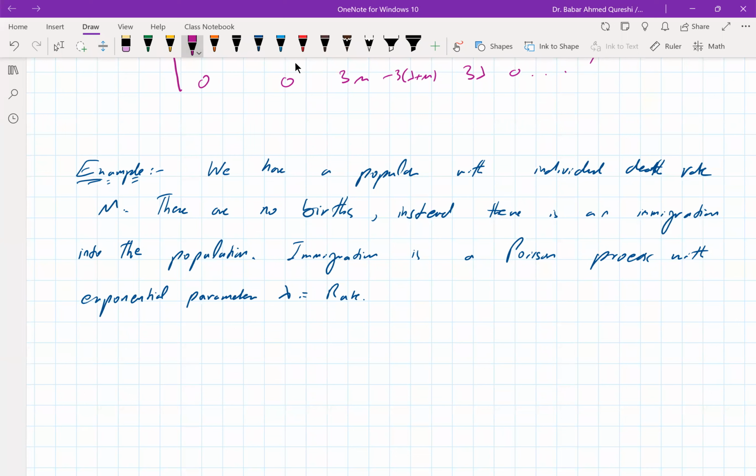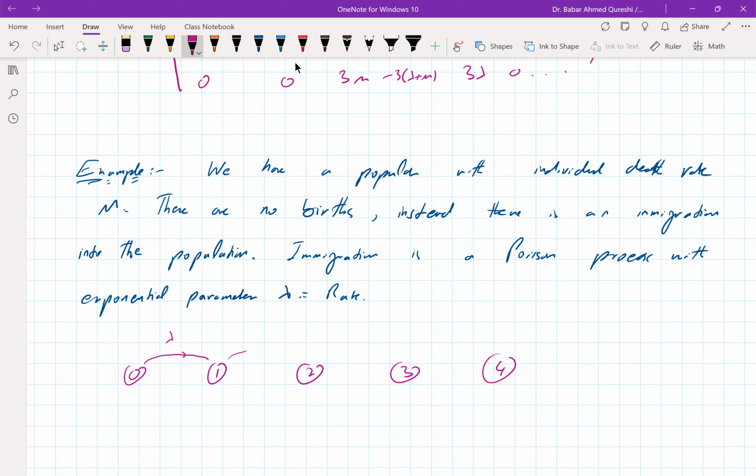So this means that even if I start from zero population, I can take a jump because someone can join through immigration.